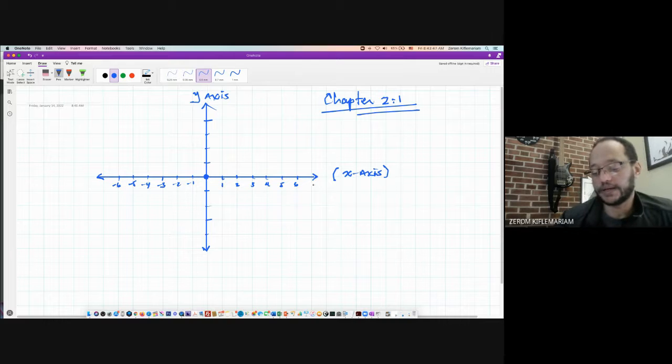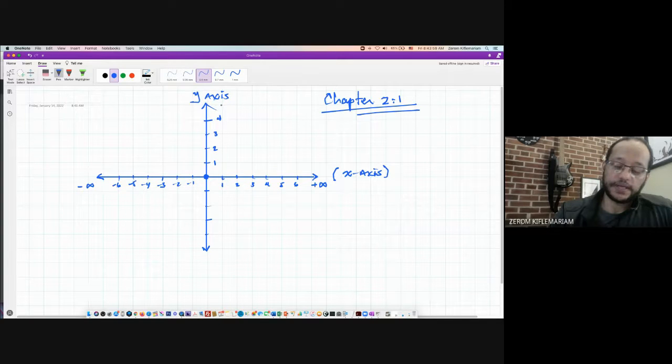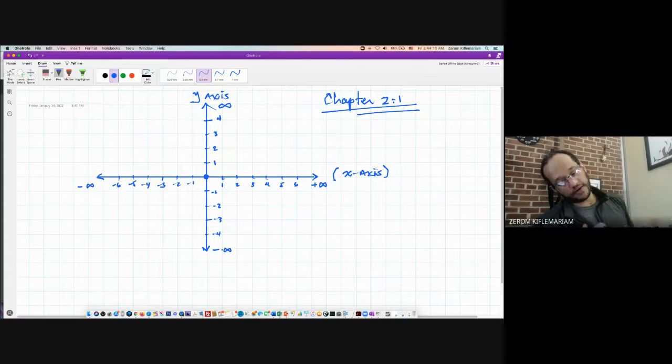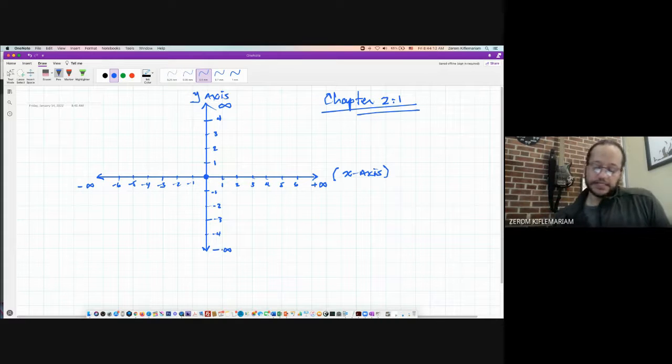On the right side, it goes to positive infinity. On the left side, it goes all the way to negative infinity. Vertically, we go 1, 2, 3, 4, and it goes all the way to positive infinity, and -1, -2, -3, -4, which goes to negative infinity. The arrows indicate that the graph is always continuing to positive and negative infinity.